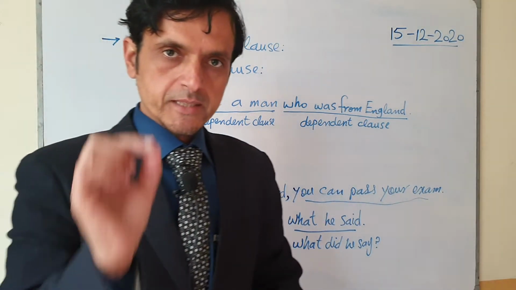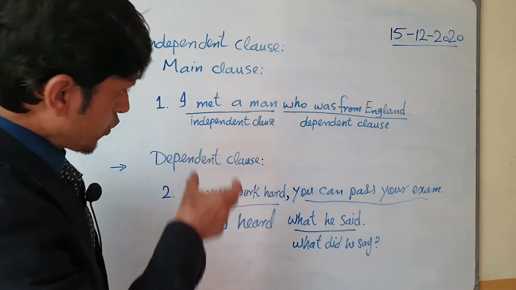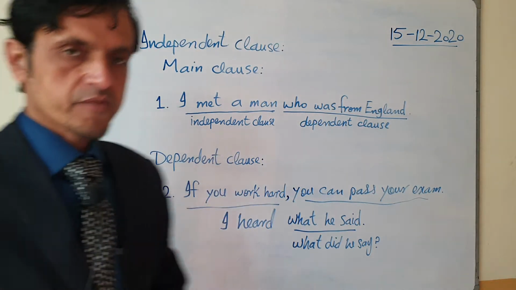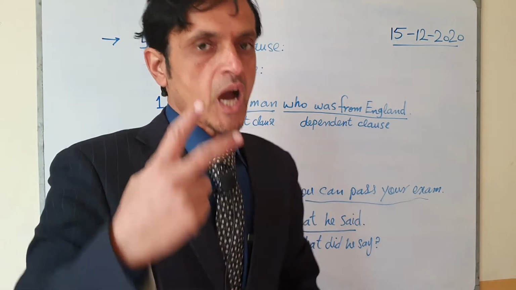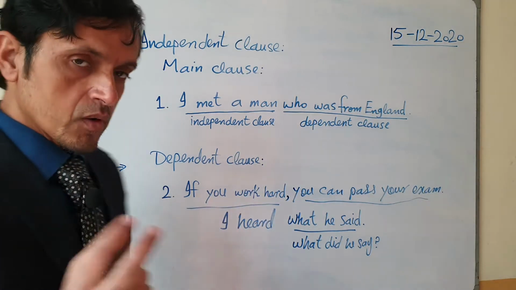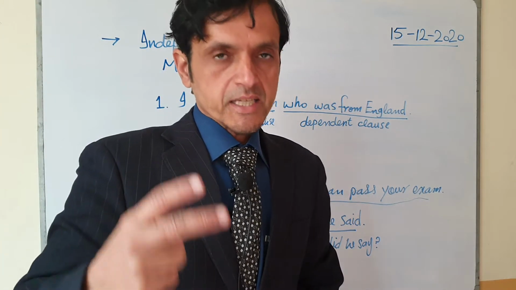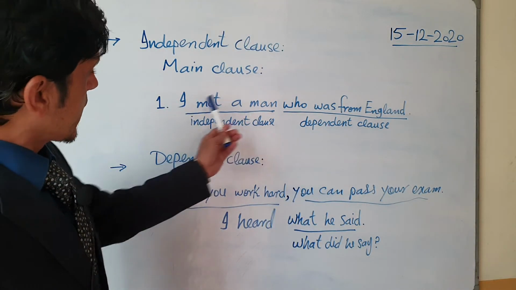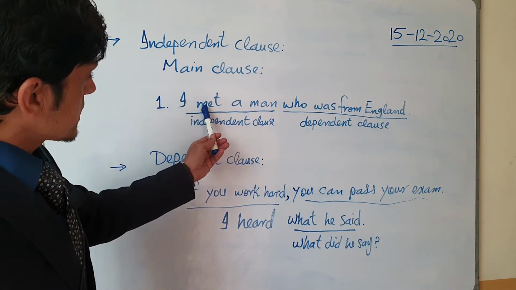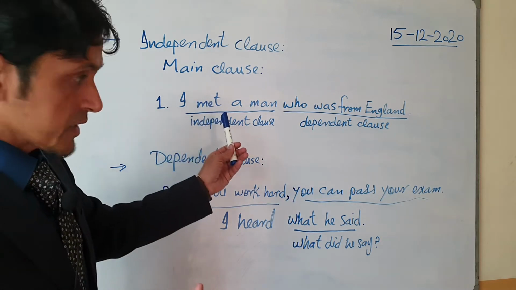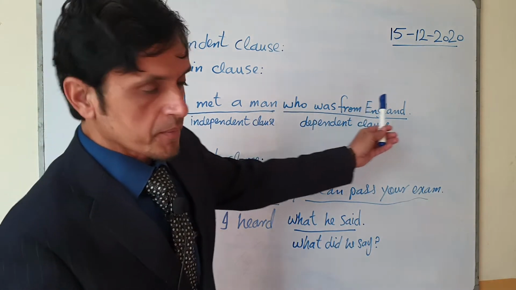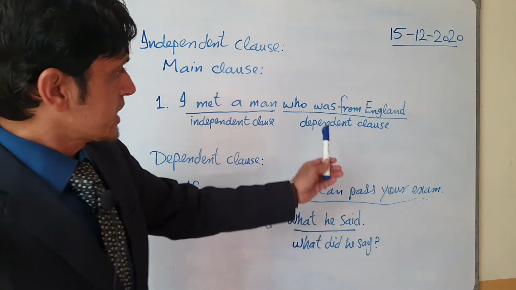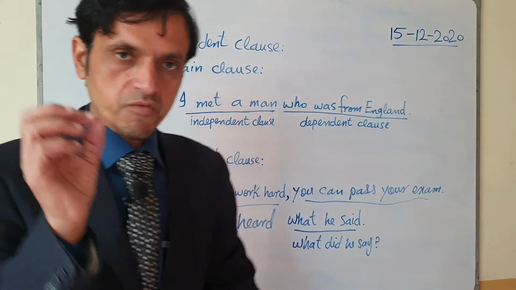Both are clauses, because we need a subject and a verb in every clause. In I met a man, this is the subject and this is the verb, so it is a clause. And in who was from England, who is the subject and was is the verb.